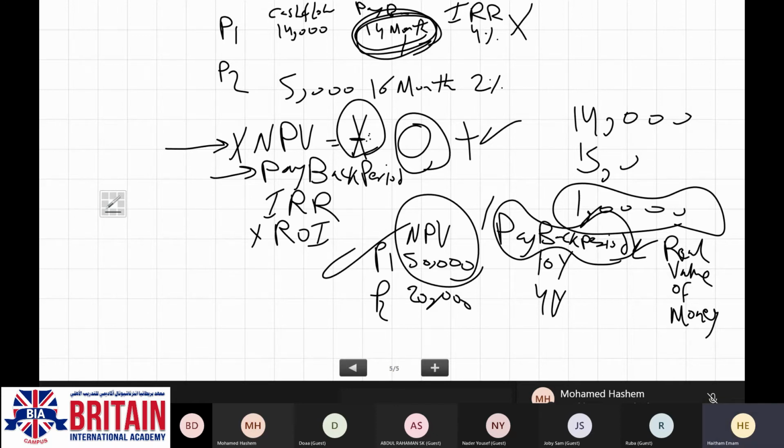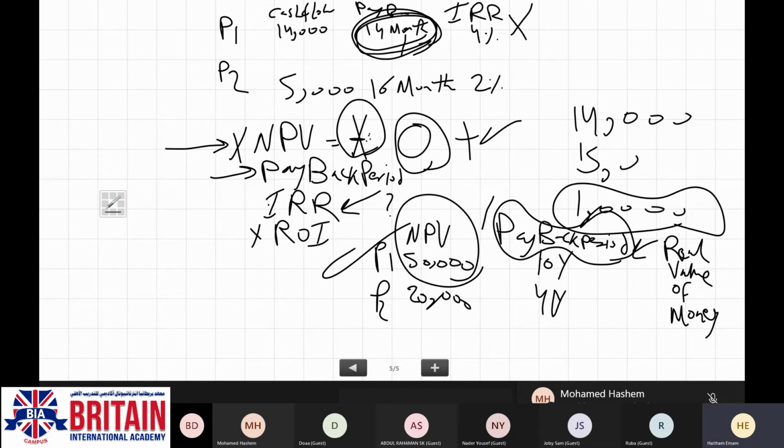It is the internal rate of return. Internally, inside the company, we are not going to select this project unless we have a certain internal rate of return equal to this percentage. The higher IRR is much better.